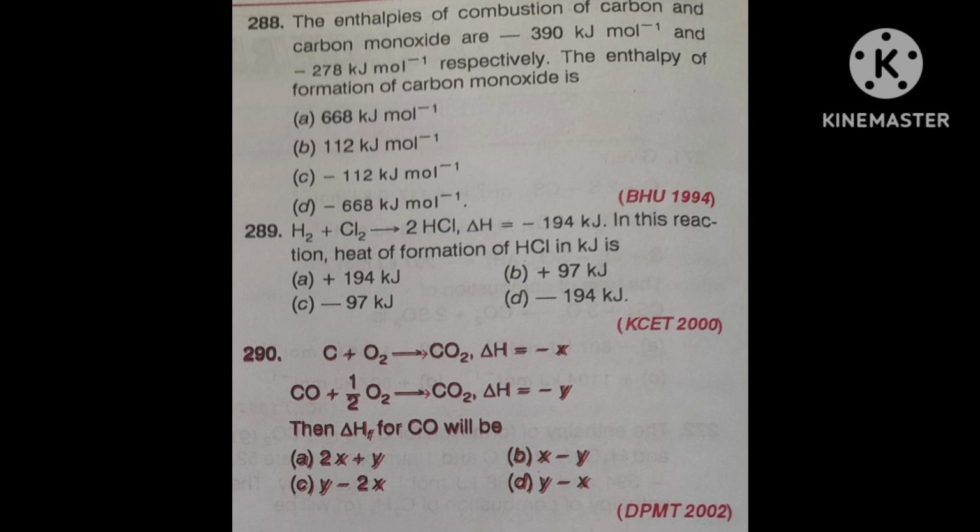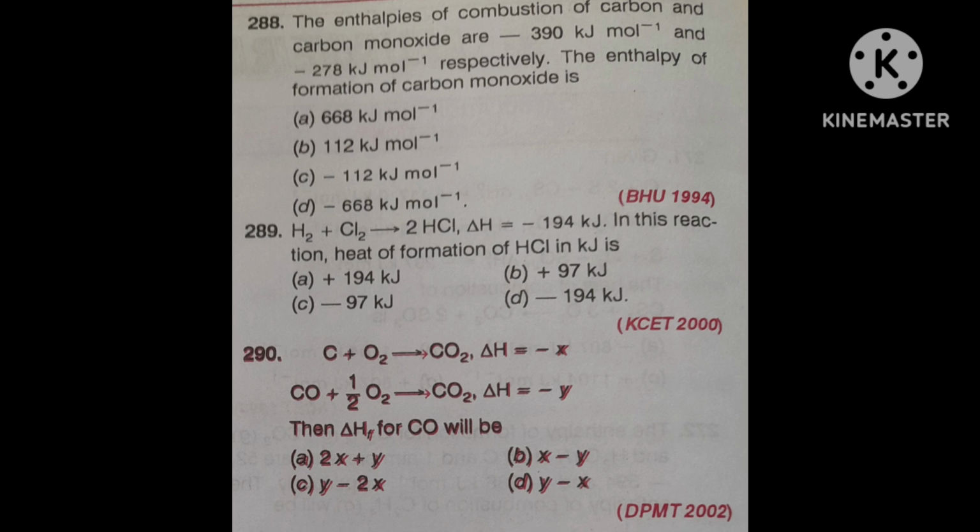The first reaction is C plus O2, complete combustion of carbon, with value minus 390 kilojoule per mole, and in the second, carbon monoxide is converting to carbon dioxide. The combustion of carbon monoxide has value minus 278 kilojoule, meaning CO plus half O2 equals CO2, delta H is minus 278 kilojoule.